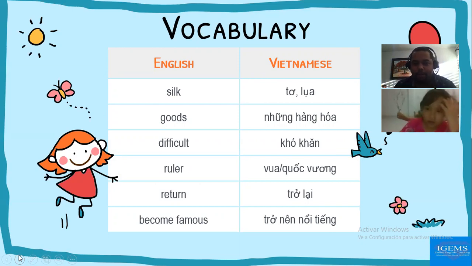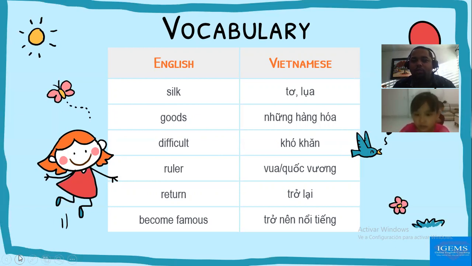My mom sells goods. But in this particular case, we are talking about goods as products. Goods in the context of this class are products or things, okay? So now let's continue with our class.